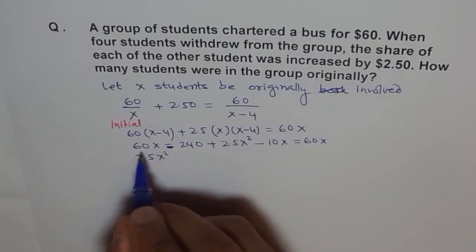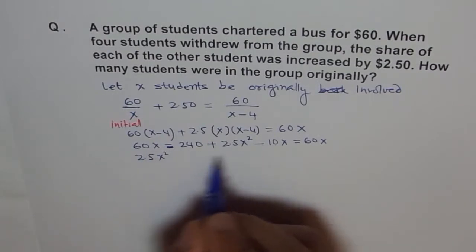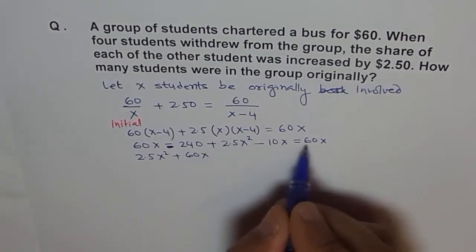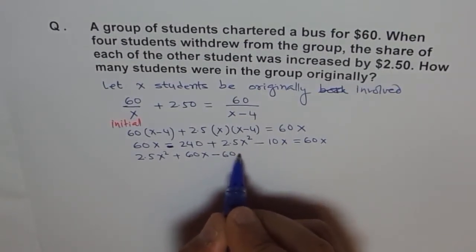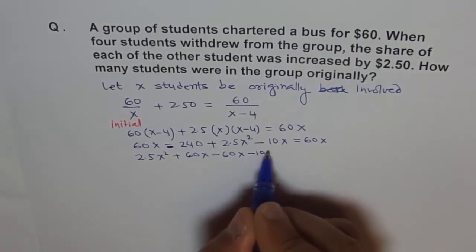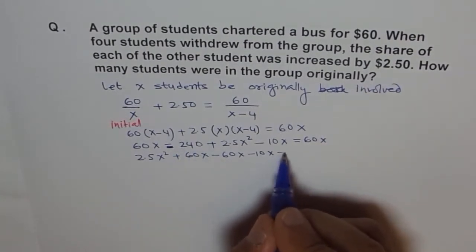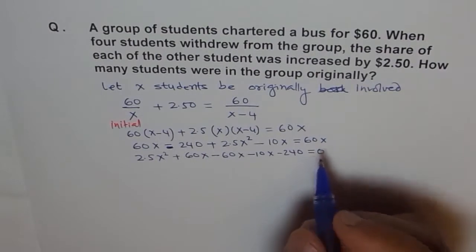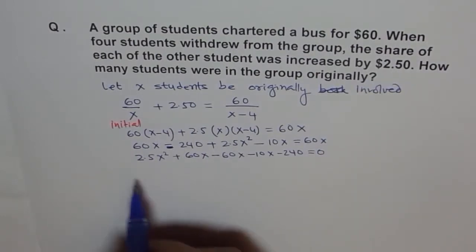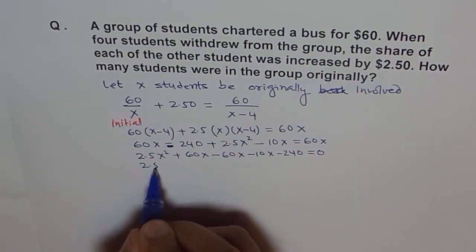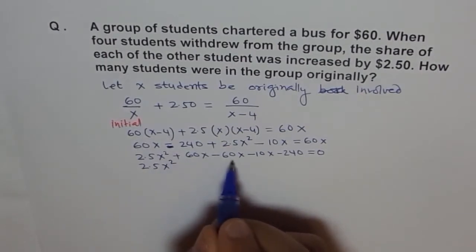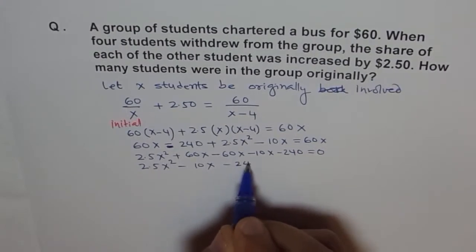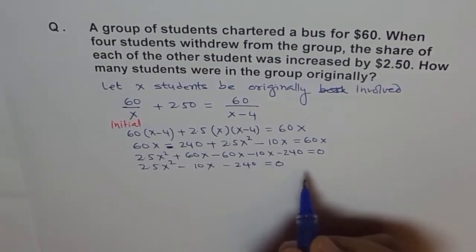So you're left with just minus 10x, right? Let me write like this. So plus 60x minus 60x minus 10x and minus 240 equals 0, correct? This is what we are left with, and we'll simplify this, and we have 2.5 x square, minus 10x, and minus 240 equals 0, right?